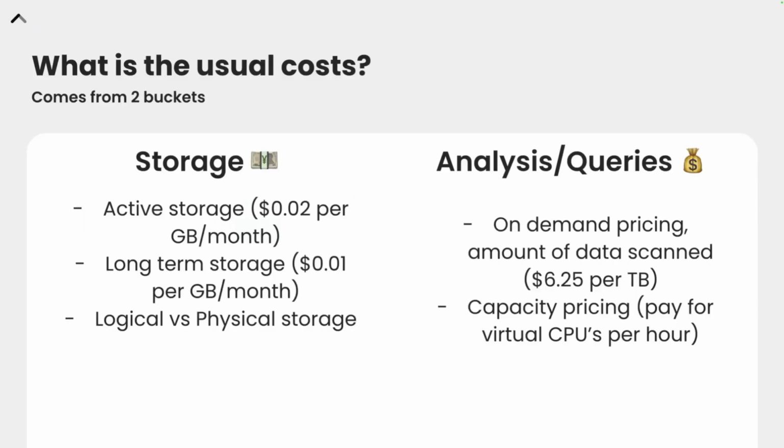So currently that is about $6.25 per terabyte scanned. You also have capacity pricing, where you pay for slots or virtual CPUs per hour. And that is something that usually very large companies are using to have a more predictable monthly flat rate. But I'm not talking about that today. I'm talking about the on-demand pricing.